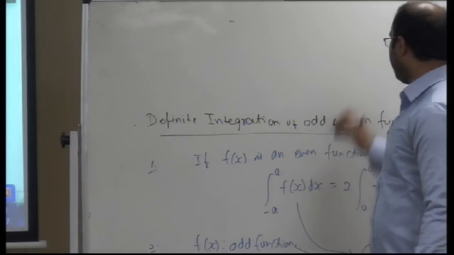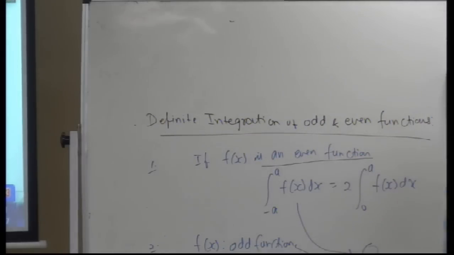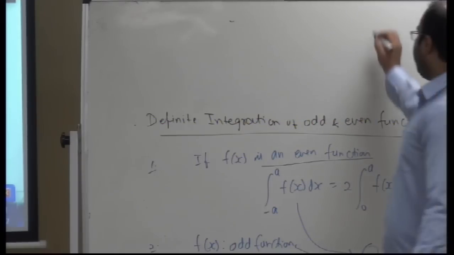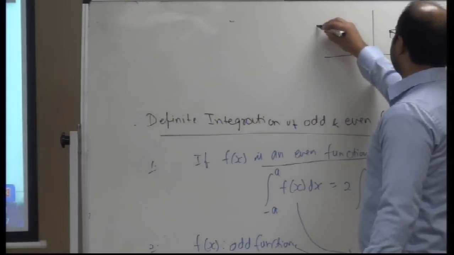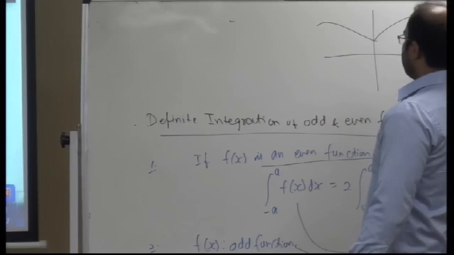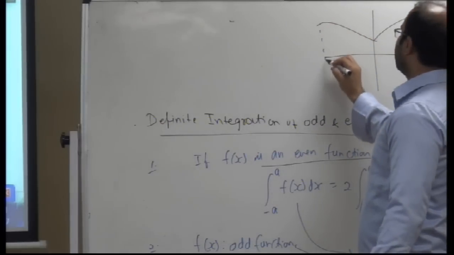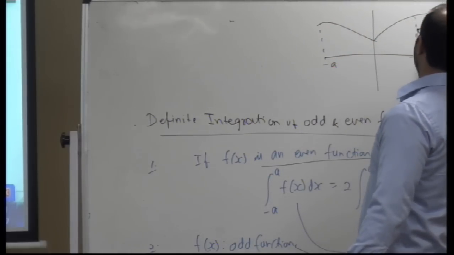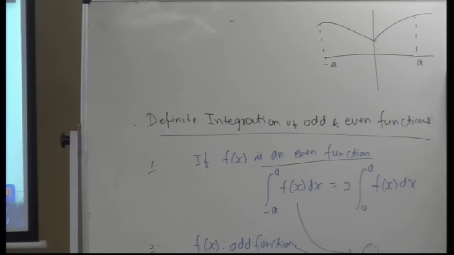If we take the help of a graph, what is an even function? An even function is a function which is symmetric about the y-axis. So let us say this is a function, symmetric about the y-axis. This is your minus a, and symmetrically here it is a. And you have been asked what is the integral from minus a to a of f(x) dx. You will say that it is double the integral from 0 to a of f(x) dx.